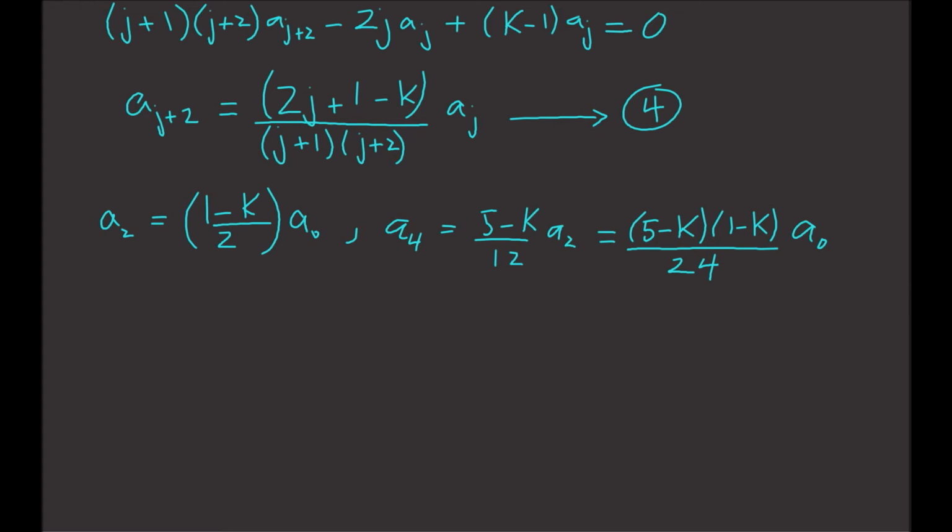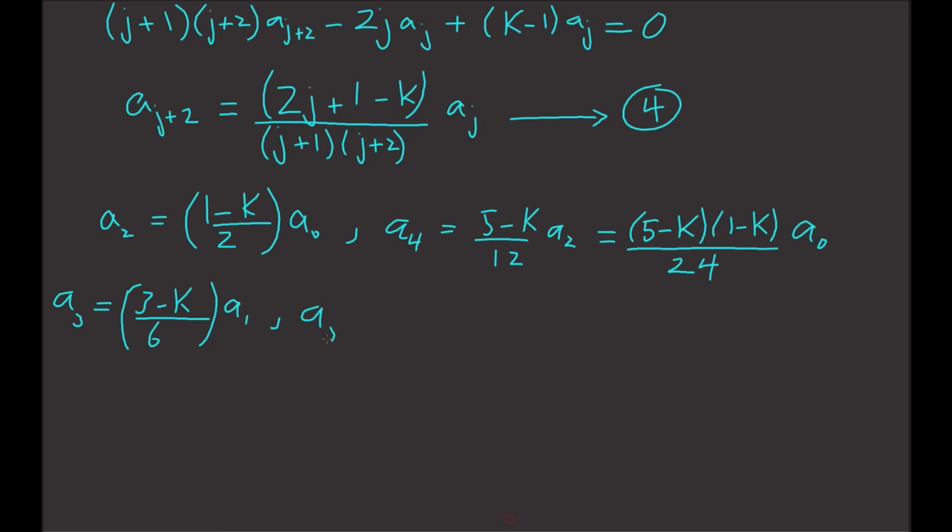And then we can get a sub 6 in terms of a sub 4. So a sub 6 will be some constant times a sub 4, and a sub 4 is in terms of a naught. So we can get all the even a's in terms of a naught. Meanwhile, we can get all the odd a's in terms of a sub 1. So a3 is equal to 3 minus k divided by 6 times a1.